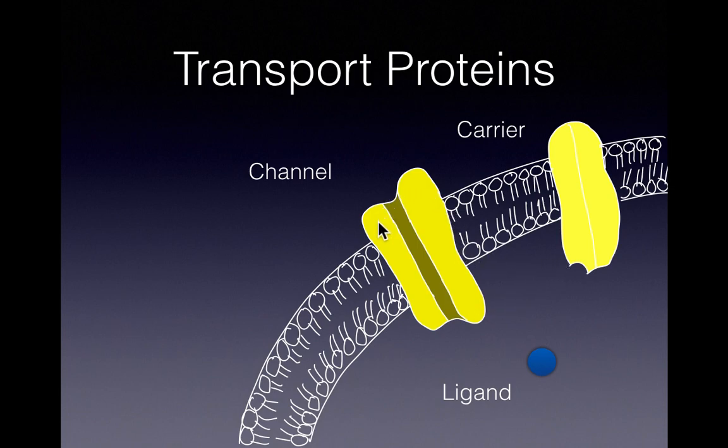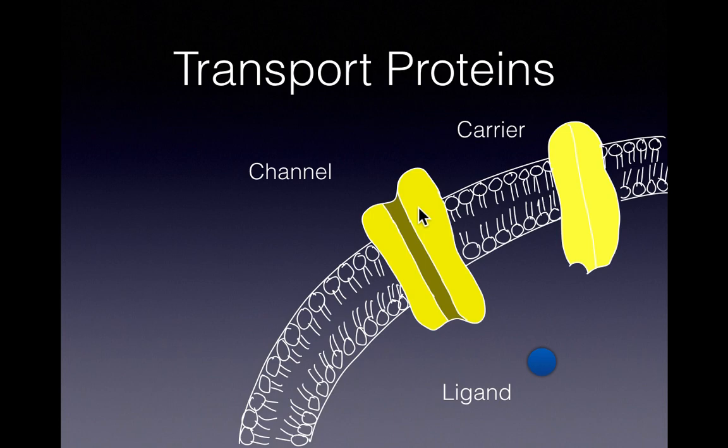but typically when I think of a channel protein, it is a type of transport protein. So this is kind of like an overarching descriptor, and then a channel protein is more specifically a type of transport protein in which the channel is open all the time. So I'm not expecting this protein to change shape, alter its conformation.